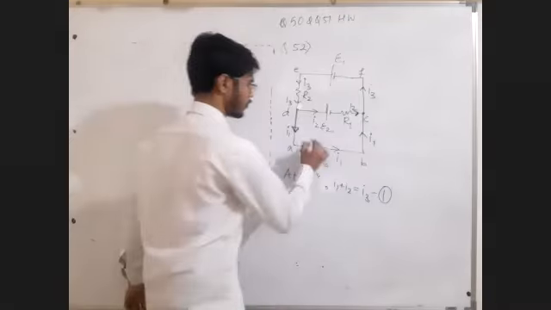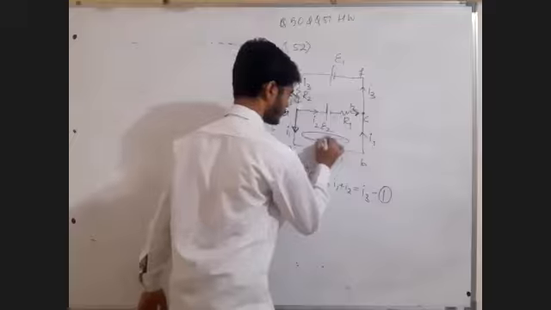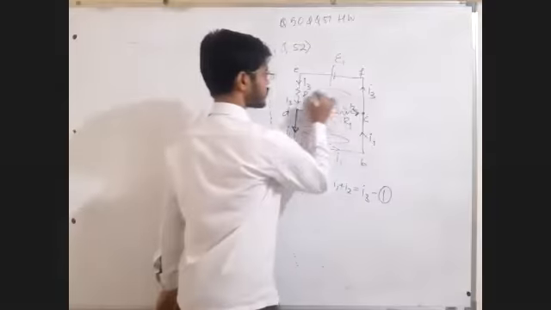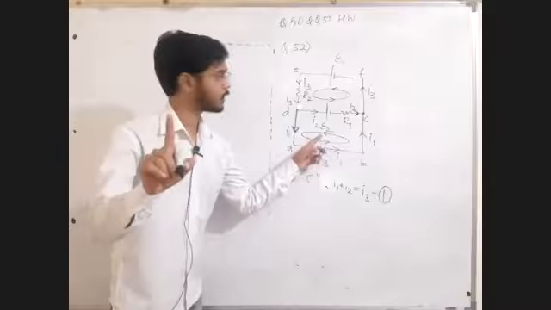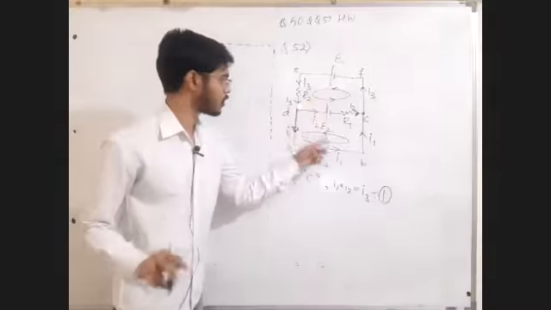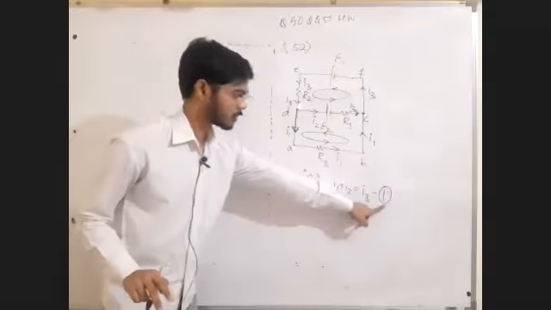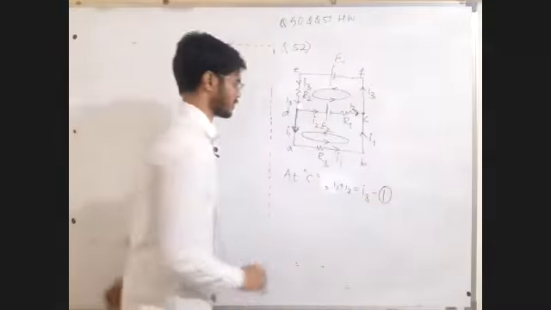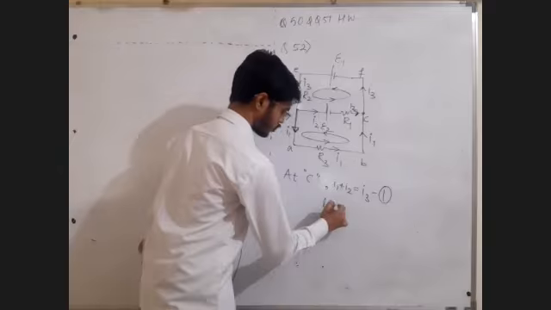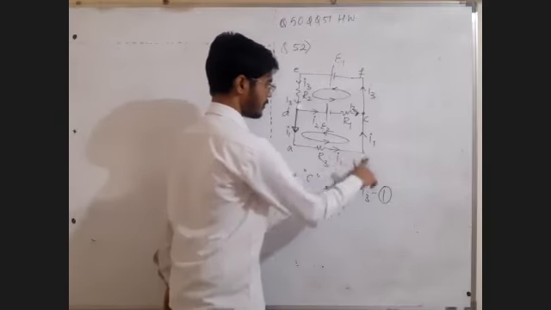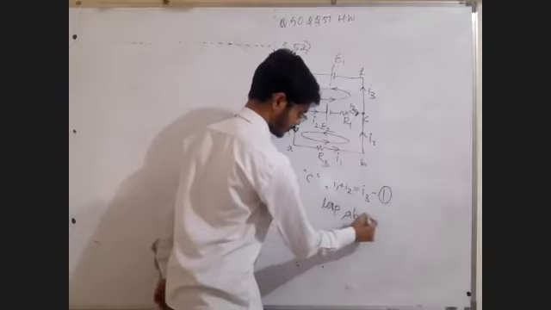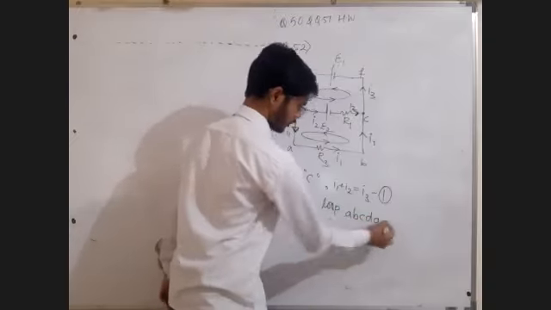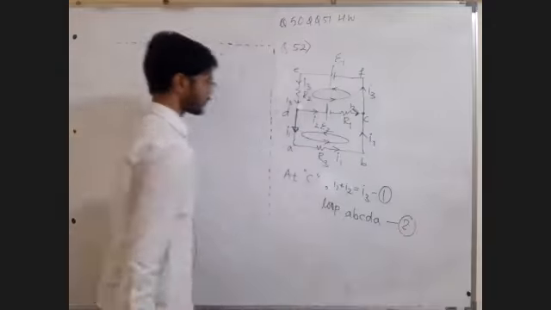Then what you are going to do is you are going to use this loop. Then you are going to use this loop. Tell me, this loop will give you one more equation. This loop will give you second equation, two equations, and this equation will ultimately give you three equations. So which loops you are going to assume? A, B, C, D, A. This will give you second equation.